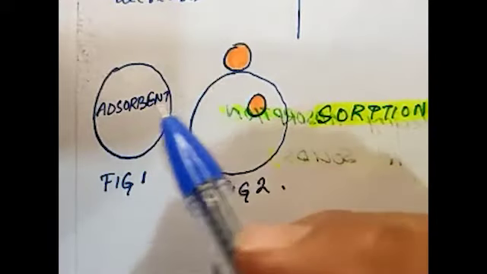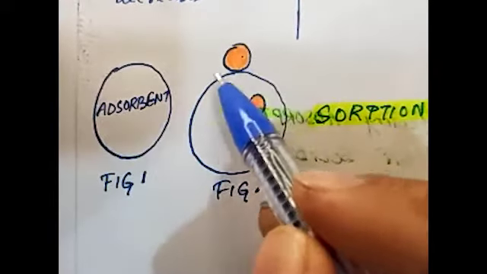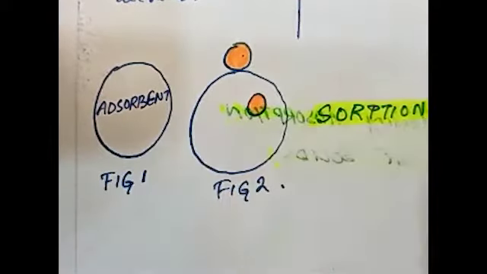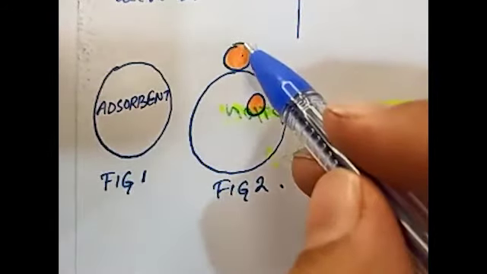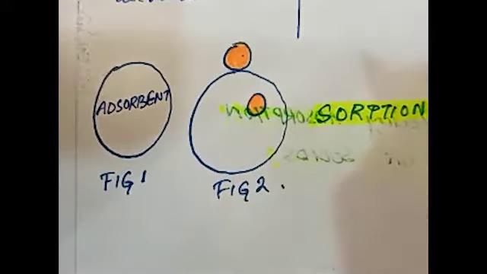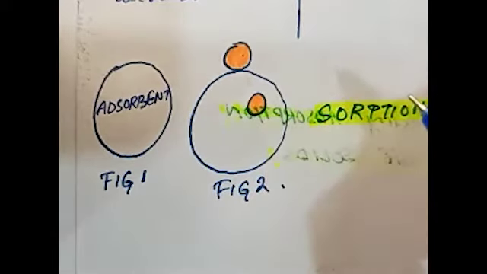So this is the adsorbent, and this particle which is on the surface is known as the adsorbate. This particle came from outside and got stuck to the surface. And this particle from outside went inside the body.